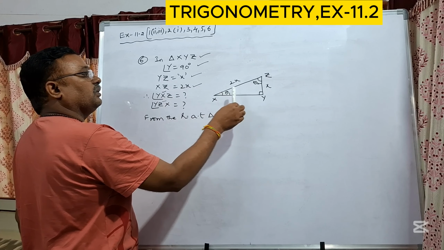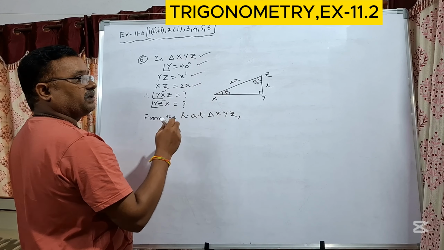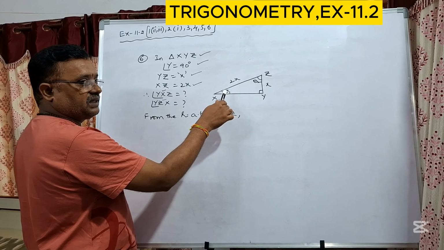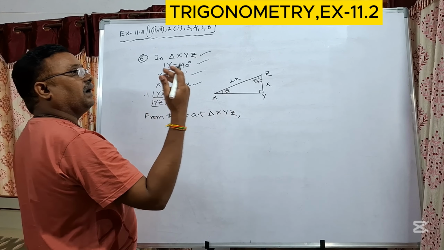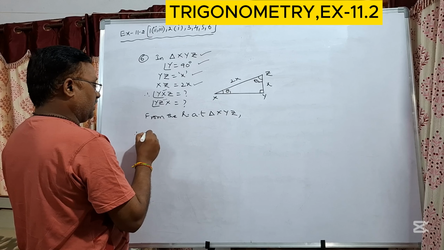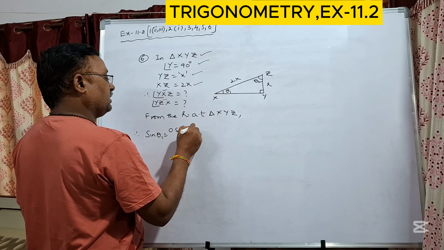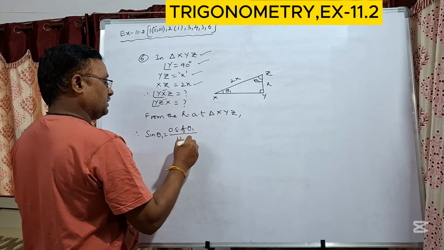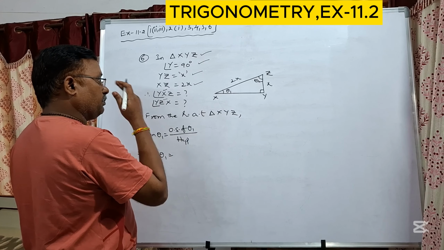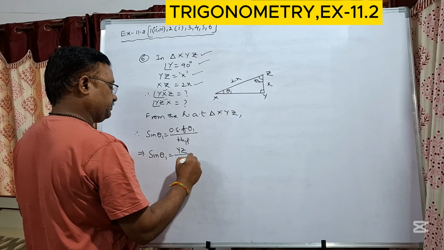Theta 1 is here, so YZ becomes its opposite side, XZ becomes the hypotenuse. Opposite and hypotenuse means sin, the ratio formula. Therefore sin theta 1 is equal to opposite side of theta 1 by hypotenuse, that implies sin theta 1 is equal to opposite side YZ by hypotenuse XZ.